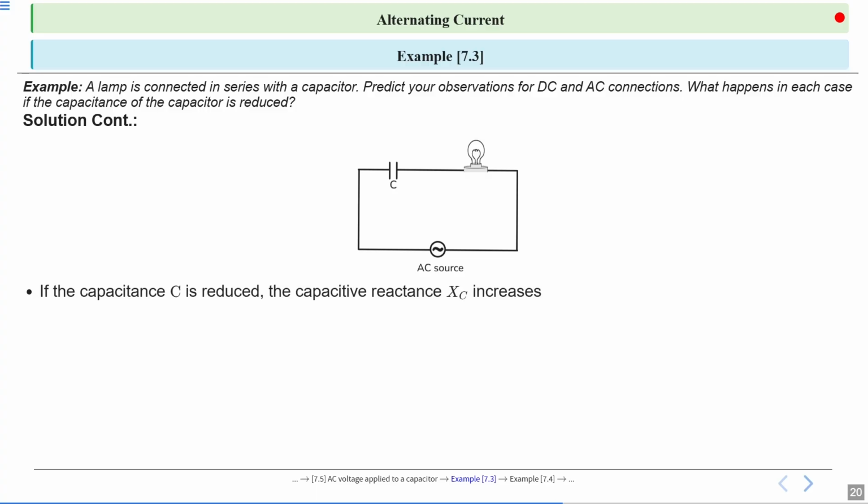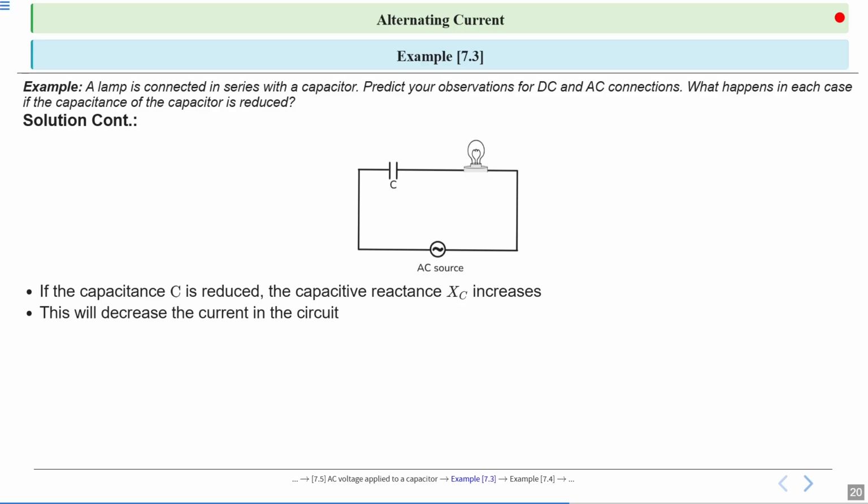Now, in the second part of the question, what happens in each case if the capacitance of the capacitor is reduced? Capacitive reactance is inversely proportional to frequency as well as capacitance. If capacitance is decreased, the capacitive reactance will increase, because Xc is equal to 1 by omega C. This will decrease the current.